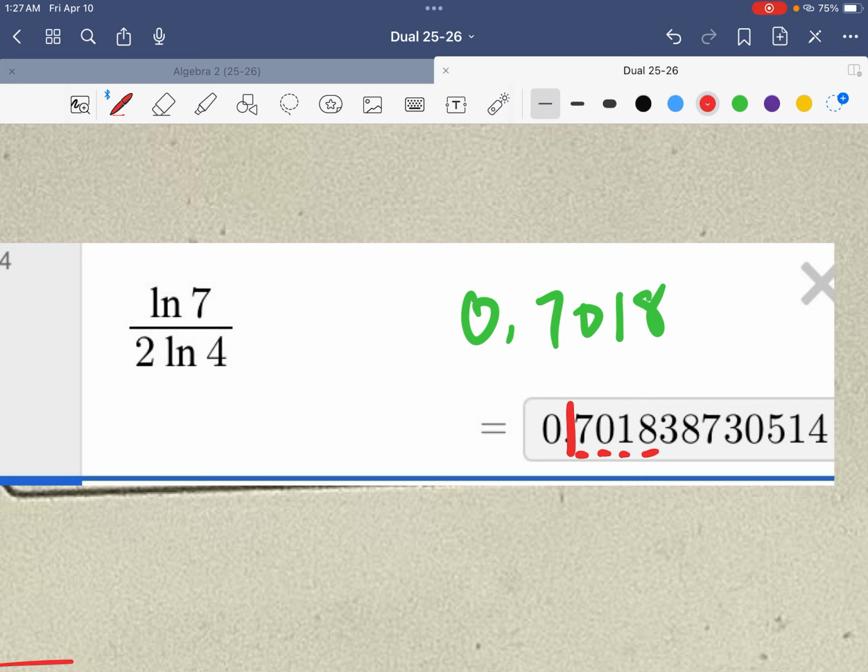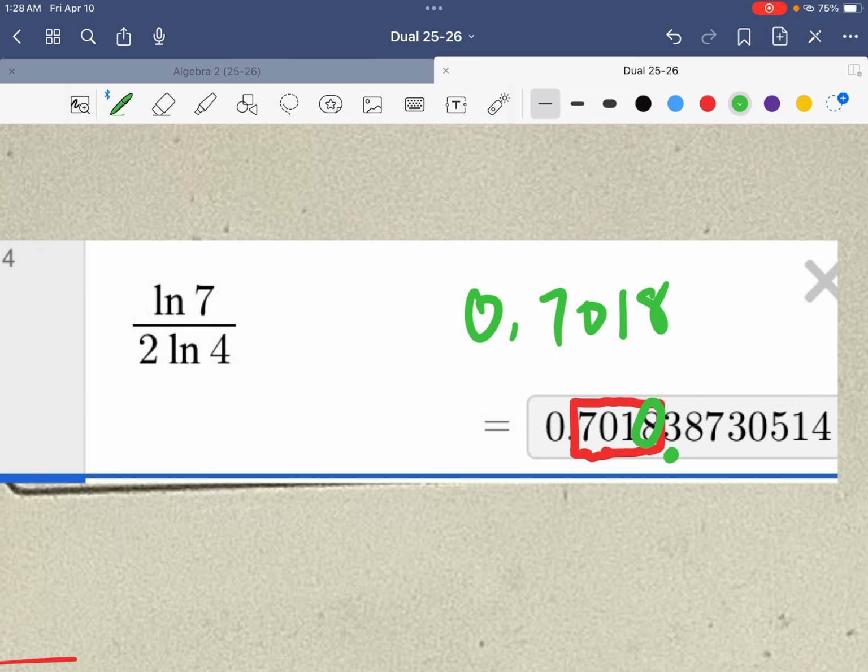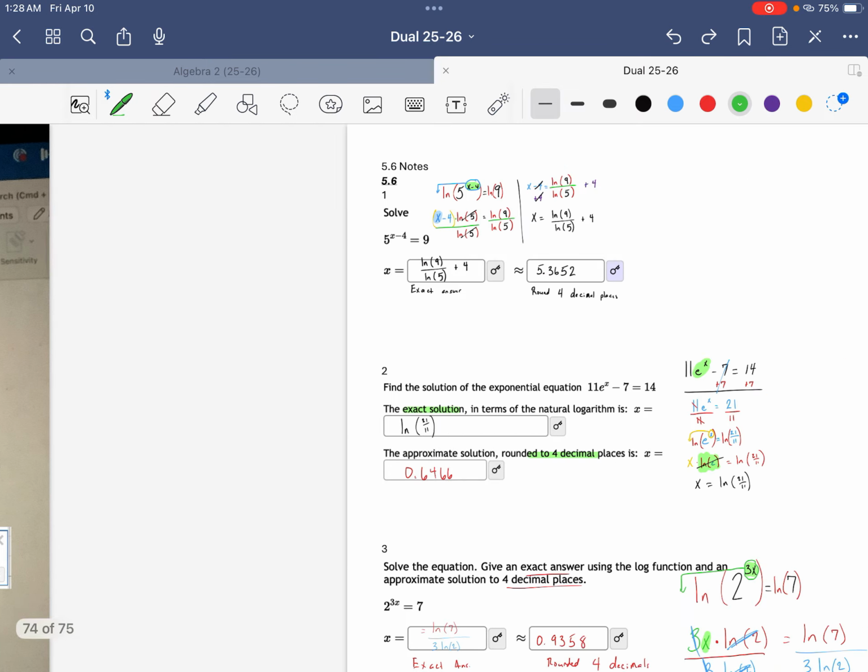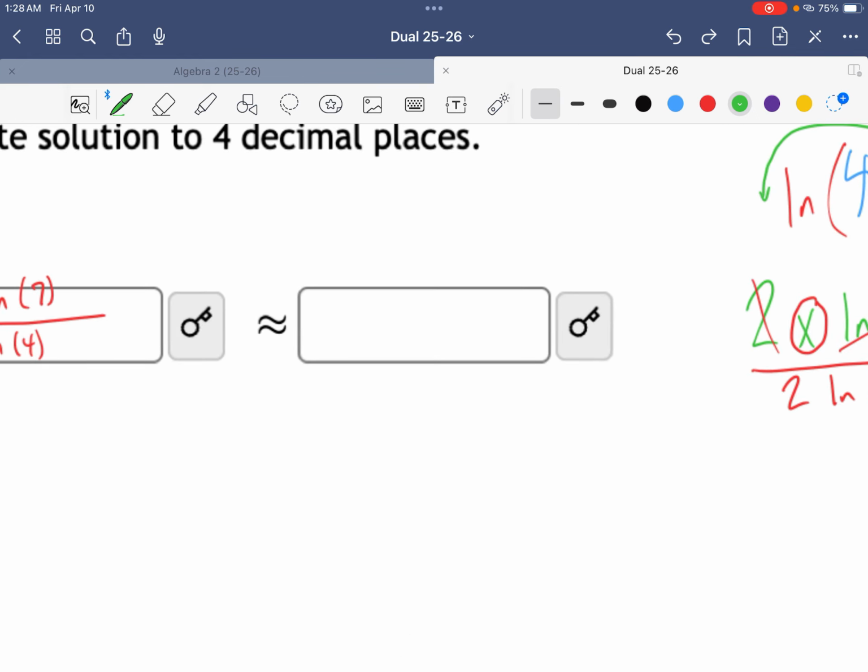So you're right here. Look at the number next to it. That's a 3 right here. The 3 is not big enough to make this 8 become a 9. So then stop. It's just 0.7018, which I already have written down there.